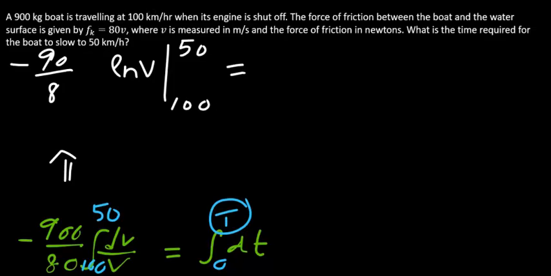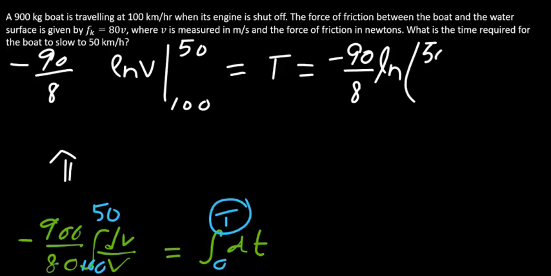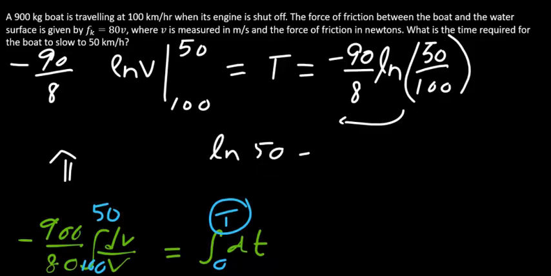And the right-hand side is just capital T. So you see, substituting the limits, you get minus 90 over 8 natural log of 50 over 100. So this comes from natural log of 50 minus natural log of 100.